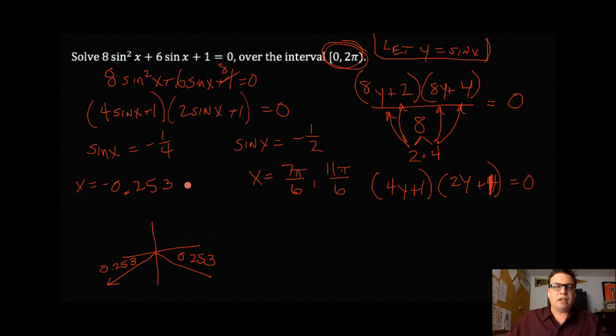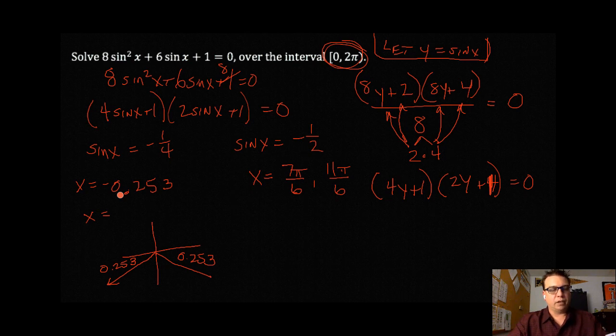So now I've got to figure out, okay, well, where is that going to be? I've got to add 2 pi to this. And then to come all the way around to here, I'm going to add 180 degrees, which I'm sorry, is pi. So I have to take that positive 0.253, add pi, and this negative 0.253, I'm going to add 2 pi to. So that means x is equal to, hold on one second, I'm going to store that value so I can remember.